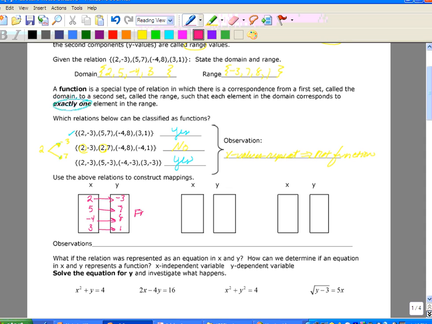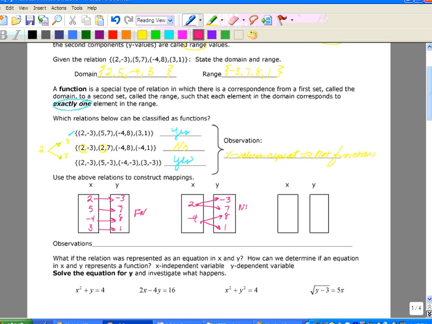Clearly, that's a function. When we set up the next one, there's actually only 2 distinct x values, 4 distinct y values, and when we set up the mapping, we see that the 2 corresponds to 2 different y values, and the -4 corresponds to 2 different y values.